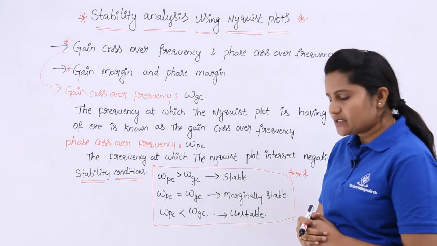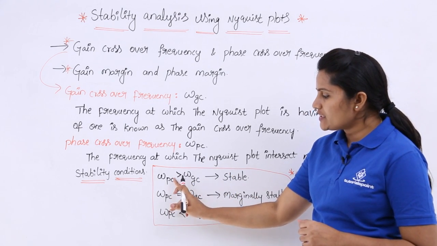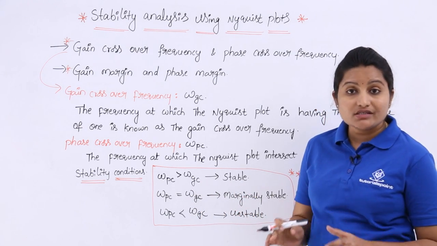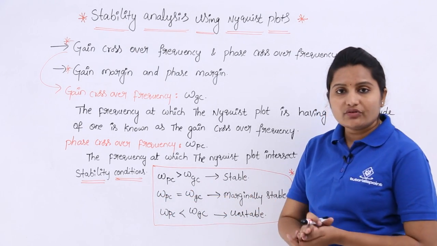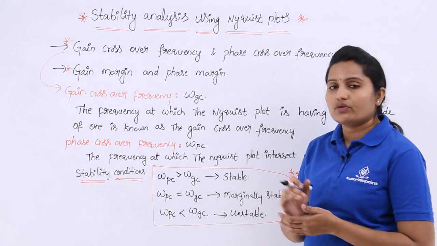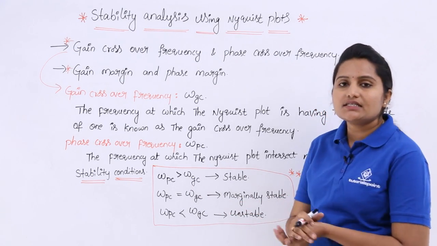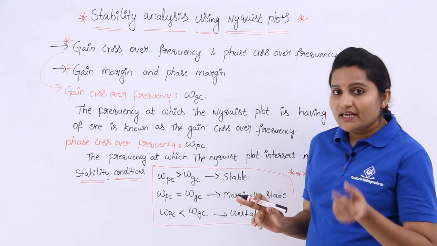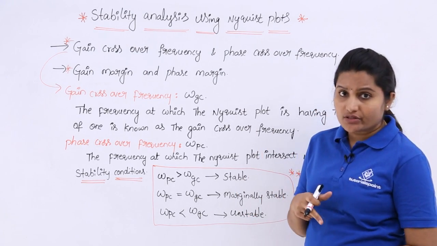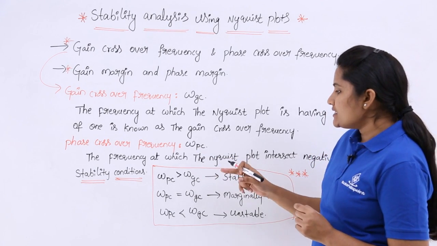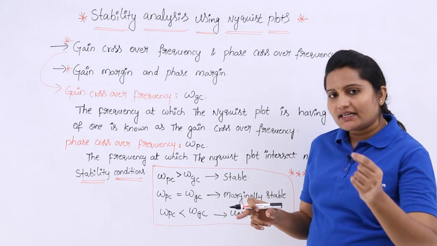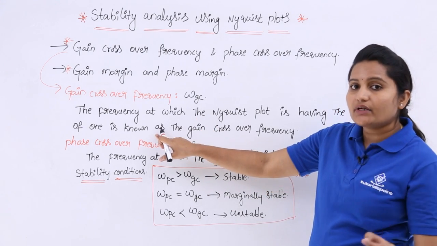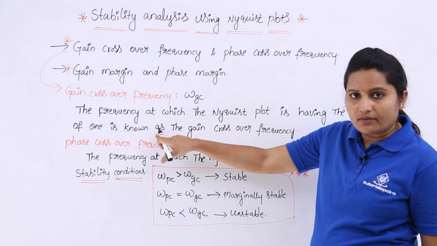The stability conditions are: if phase crossover frequency is greater than gain crossover frequency, definitely the system is stable. If phase crossover frequency is equal to gain crossover frequency, then we can say the system is marginally stable. You can apply this to diagrams also. That means the frequency at which the Nyquist plot intersects the negative real axis and, at the same time, the magnitude is equal to 1.